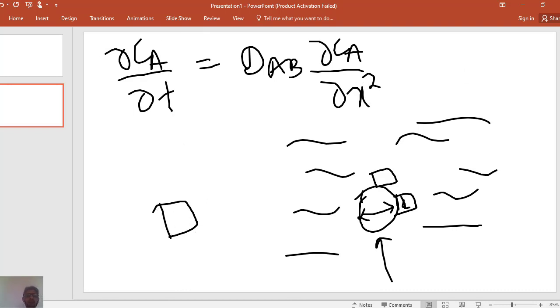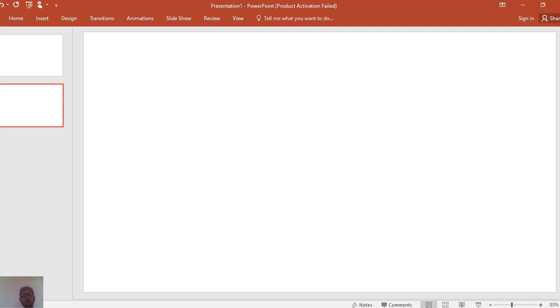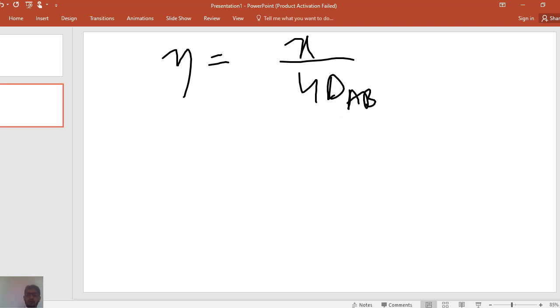Similarly, for the final form of Fick's second law, we will simplify Fick's first law and use the similarity variable, which is nothing but x divided by the square root of 4 times the diffusivity of A and B times time. We will use this similarity variable in equation number 1. This is equation 2.